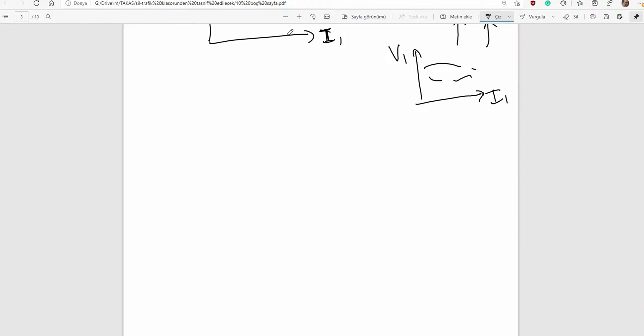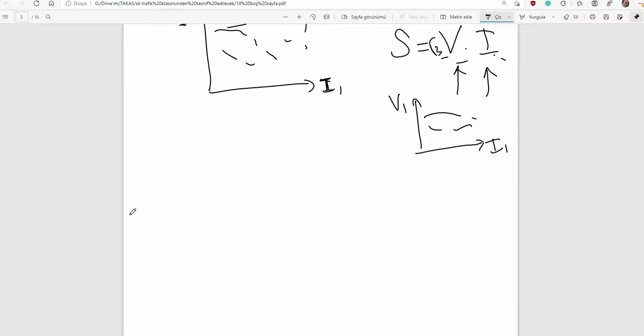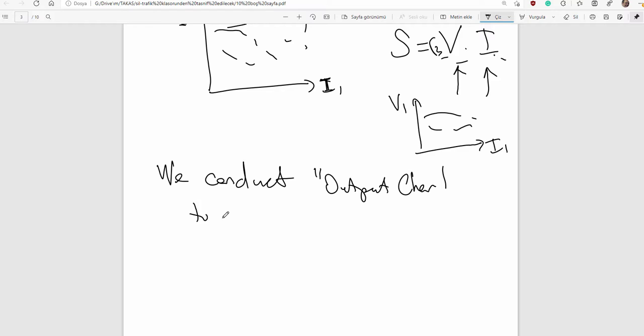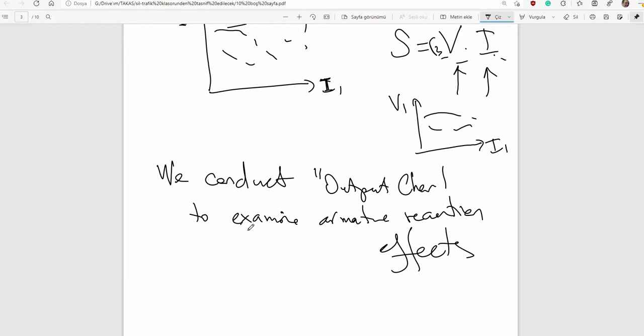So we conduct an output characteristic to examine armature reaction effects.